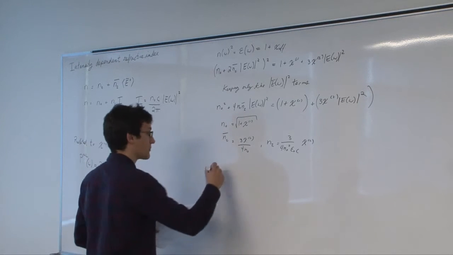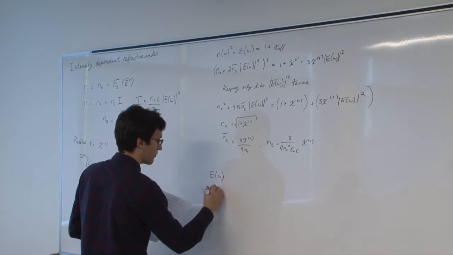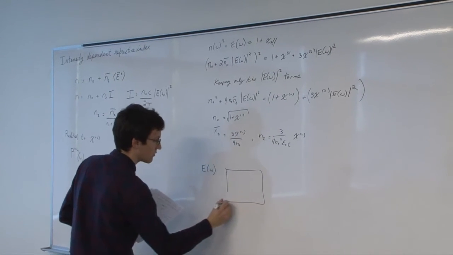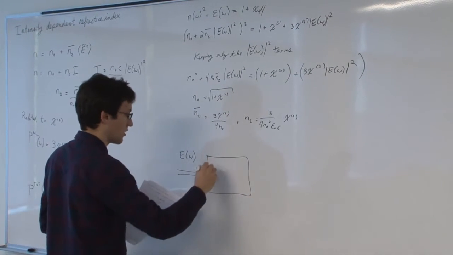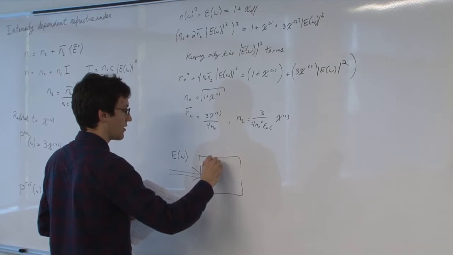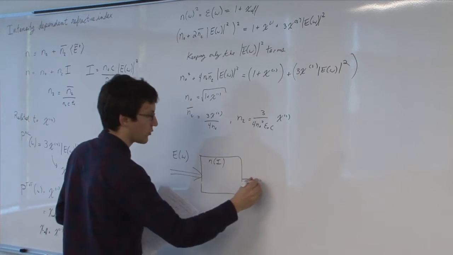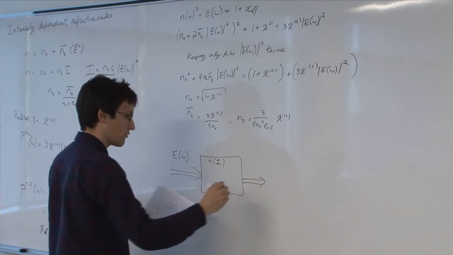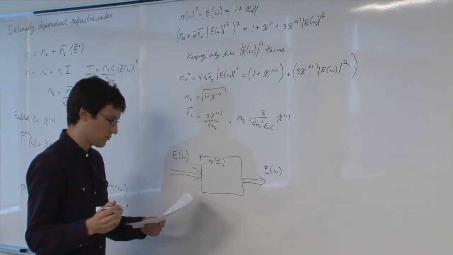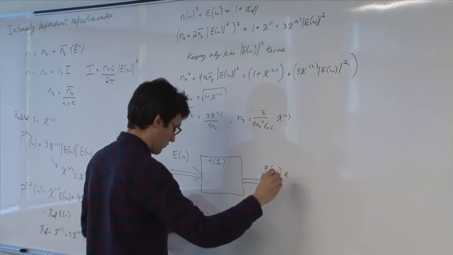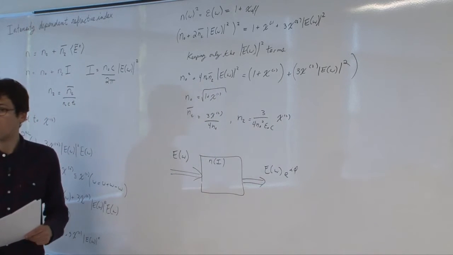So simply put, when you have a certain beam that enters a medium that has an intensity-dependent refractive index, at the output you will have the same beam of light that you would have at the input, but there is a new phase to it.